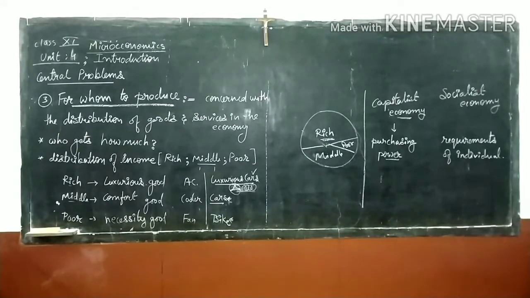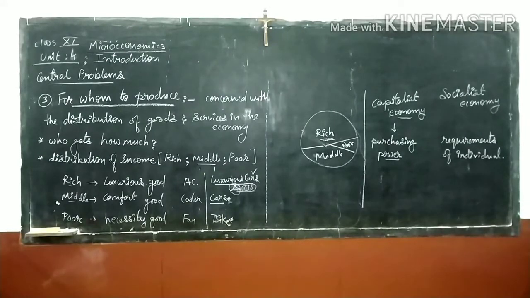On the other hand, if goods are produced for the poor only, like wheat, rice or other types of necessity goods, which are necessary for the betterment of life, in that case they may not afford to buy, and this reduces the profit of the producer. But this type of production can be done in a socialistic economy, which is focused on welfare.